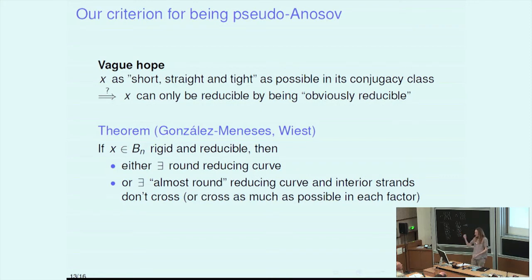And in this case, the interior strands within the curve do not cross at all. Or they could form a delta within each factor. They could cross as much as possible in each factor. Let's ignore that case.